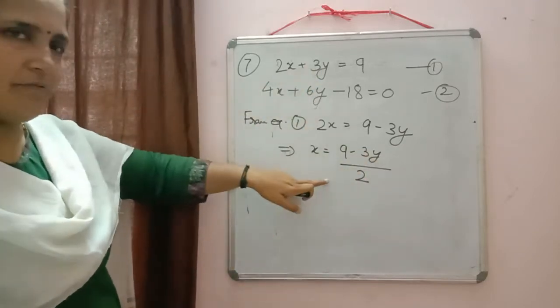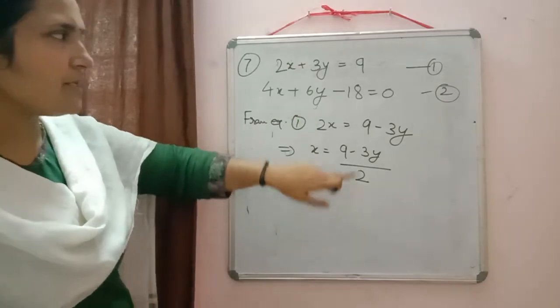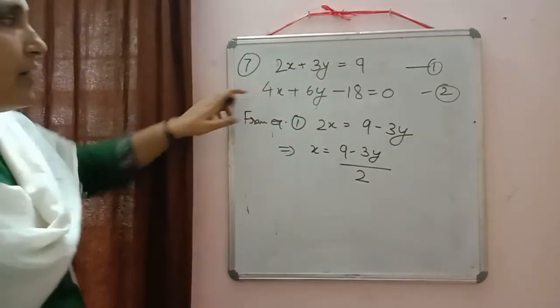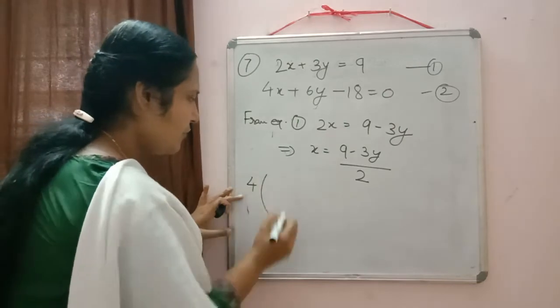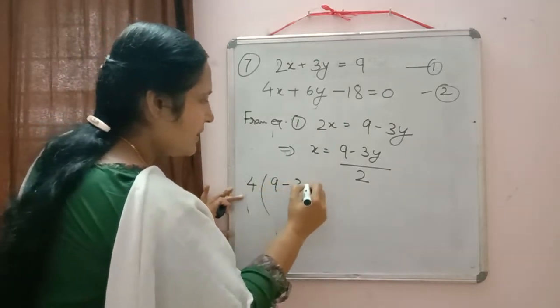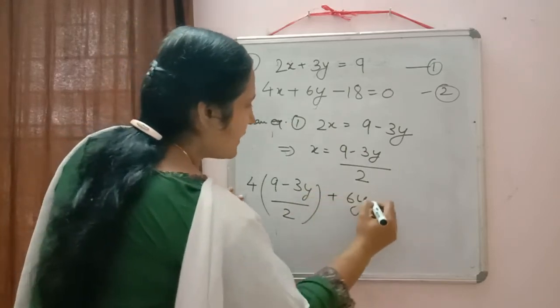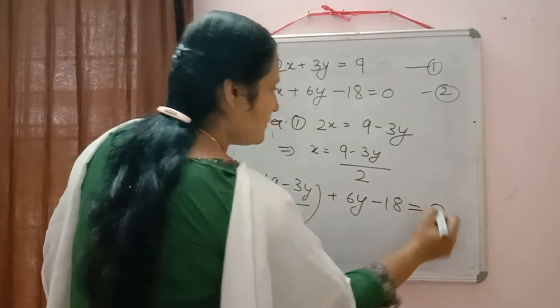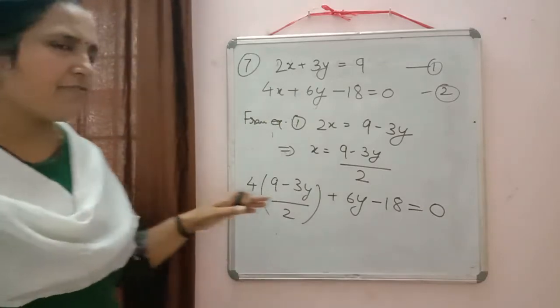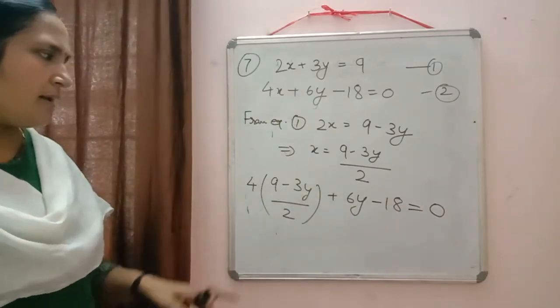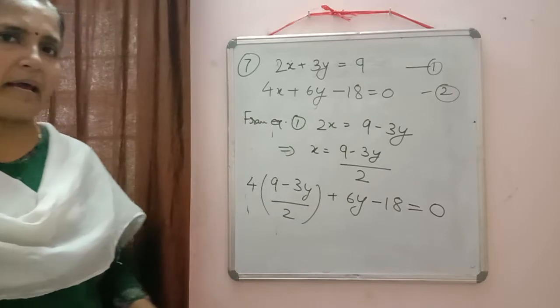From equation 1 we took the value. Now we will substitute the value in equation number 2. So we will get 4 into 9 minus 3y by 2 plus 6y minus 18 is equal to 0. Normally whenever fractions are there, we multiply the whole equation by 2.